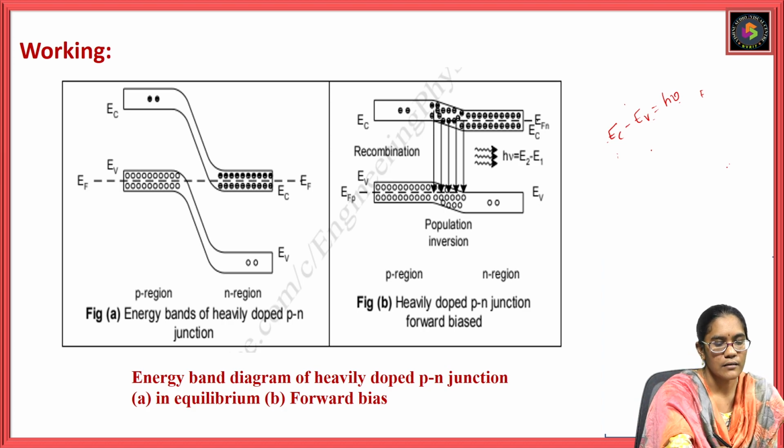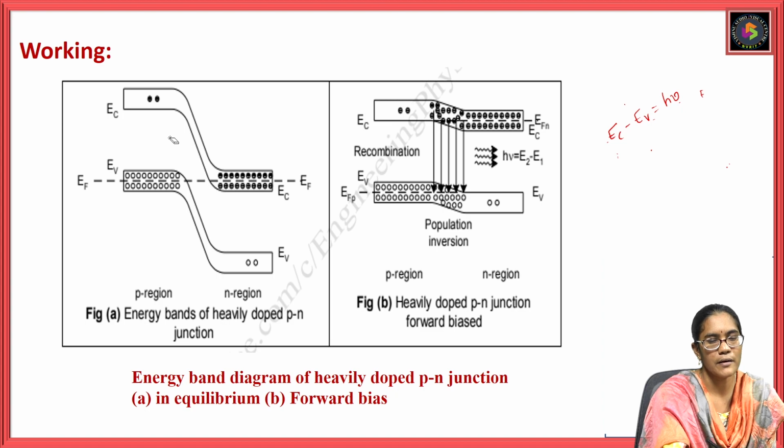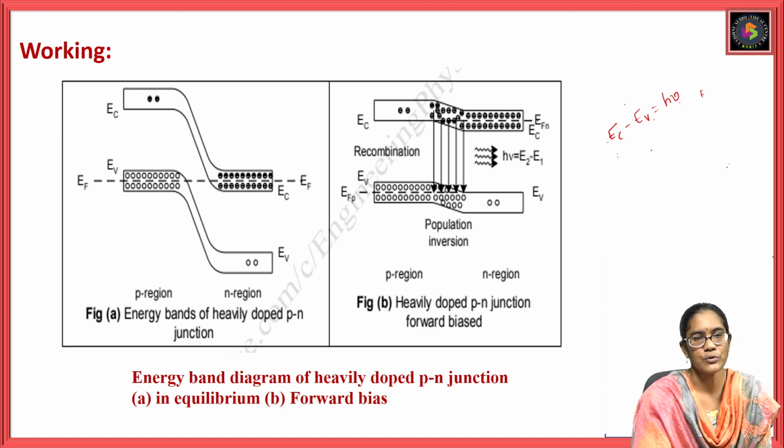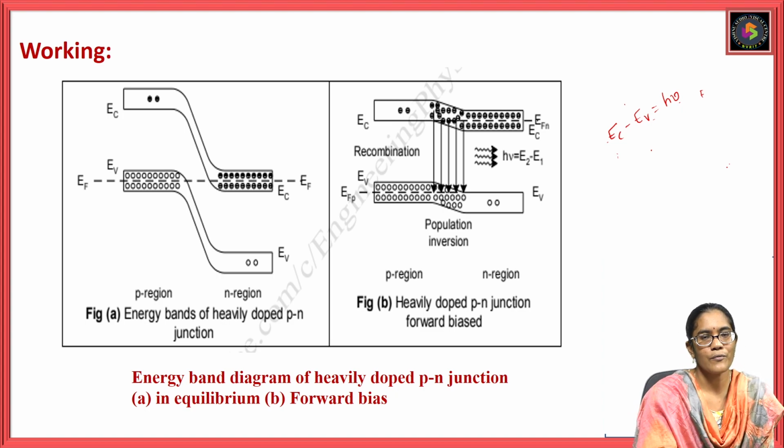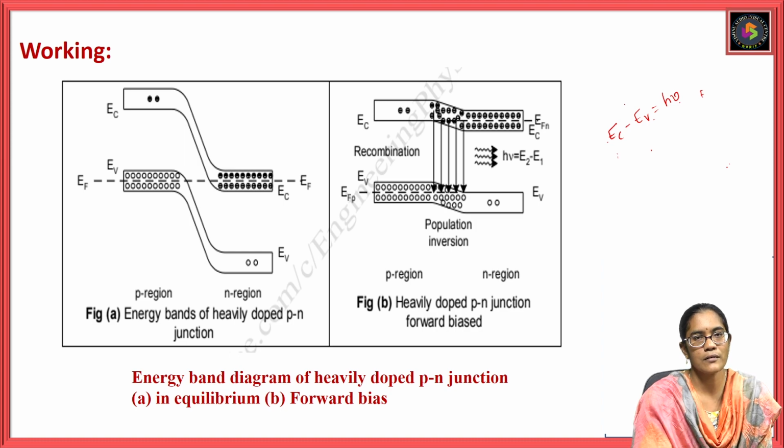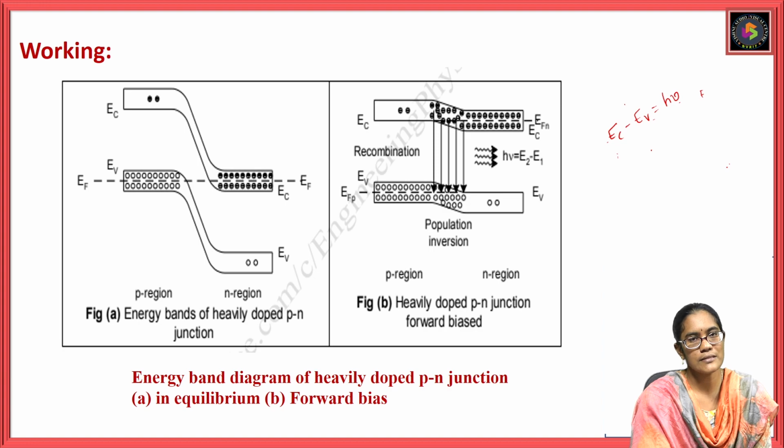The second electron also makes a transition from conduction band to valency band and emits a photon of energy hν. The previous photon of energy hν and the later one both have the same frequency, same wavelength, and same energy. So the emitted photons have the same frequency and wavelength, and in that way it exhibits monochromaticity.